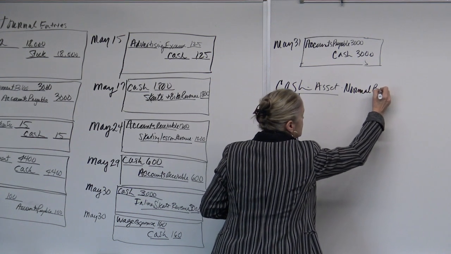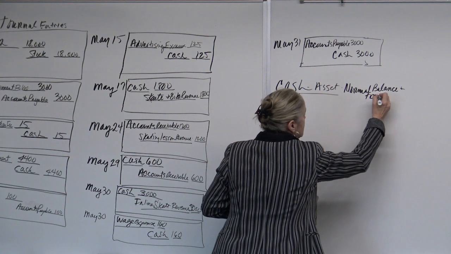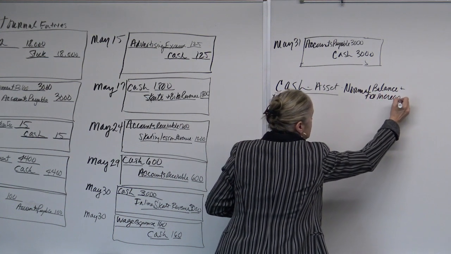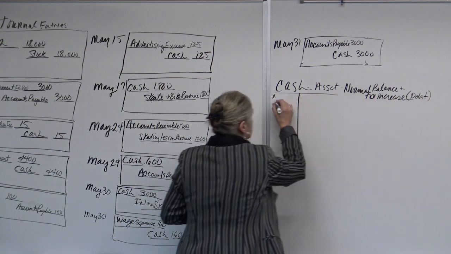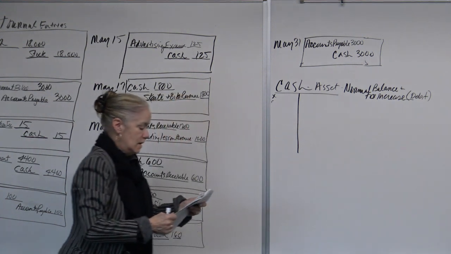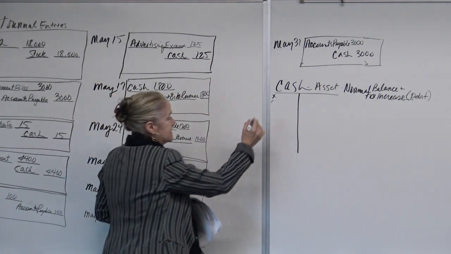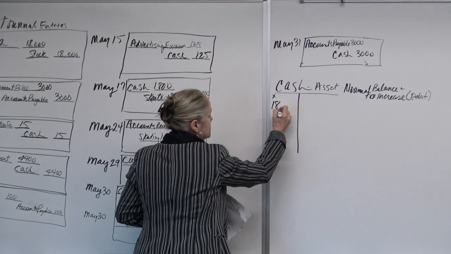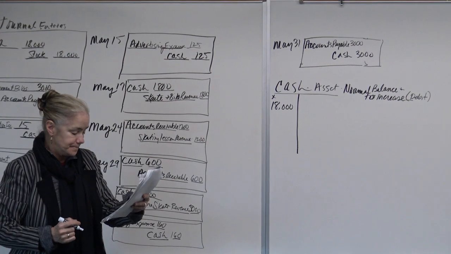Normal balance, and to increase will be on the debit side. Here, over here. So to increase will be on the left, to decrease will be on the right. So remember, the very first line item, we had an investment of $18,000 from two investors. So that's an increase to cash, $18,000.